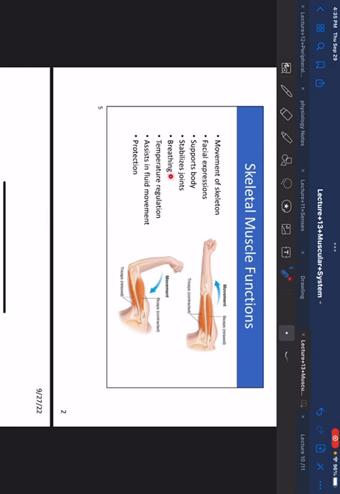One big muscle we have in our body is the diaphragm, which contracts and relaxes to allow for breathing. And when we're cold, our skeletal muscles contract rapidly to cause shivering. And then skeletal muscles can also be used to allow the movement of fluid throughout your body.